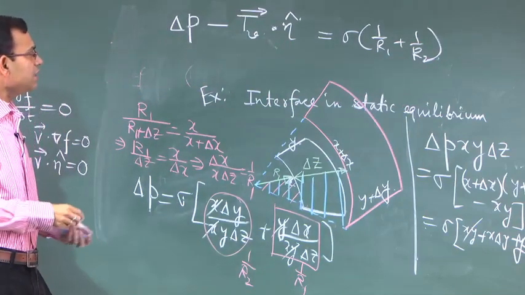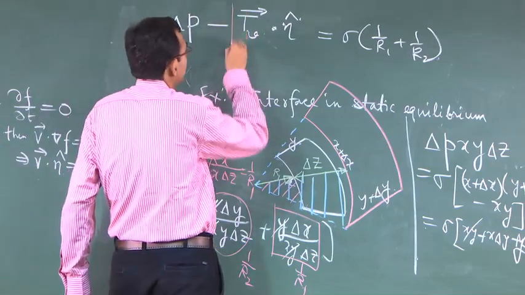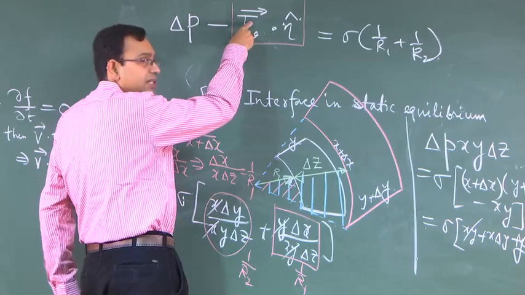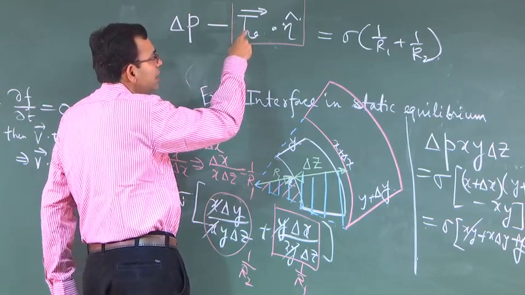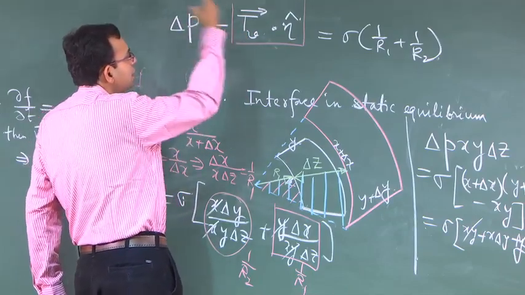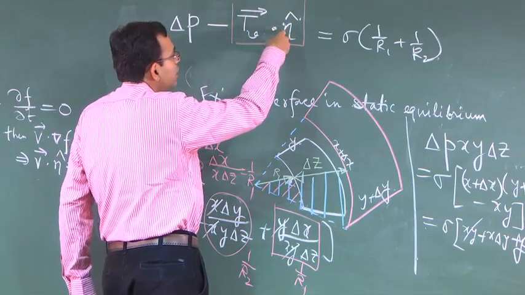So, what we have done: under static condition this term is not there, under dynamic condition we have added this, the traction vector, we have already discussed that, V for viscous. So, only we are taking the viscous terms because the hydrostatic component is already taken here. So, this has to be the deviatoric, dot with the normal, which is the normal component.